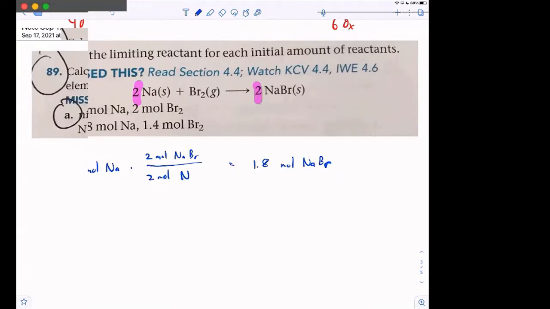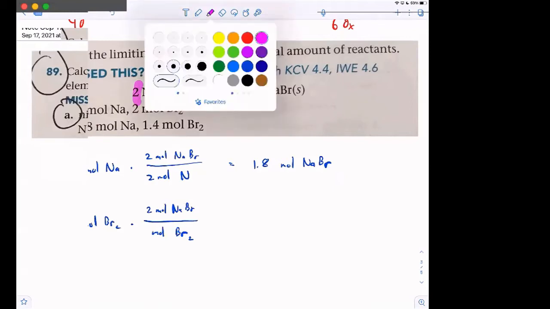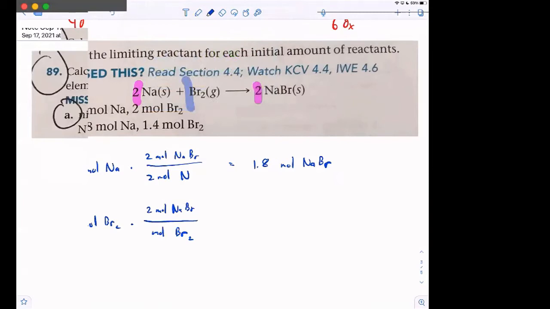And then looking at it for bromine, so 1.4 moles of bromine, and then it's going to be 2 moles sodium bromide per mole bromine. Of course, there's a 1-to-2 ratio, so make sure you have that there.